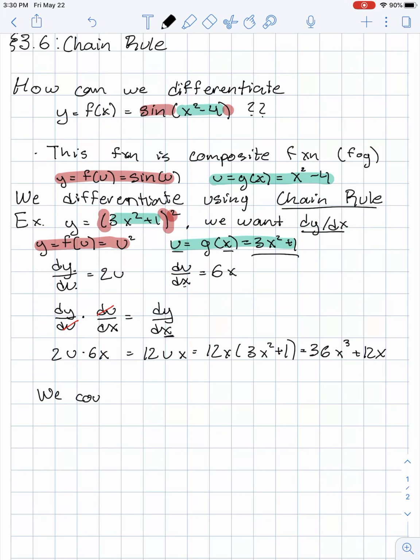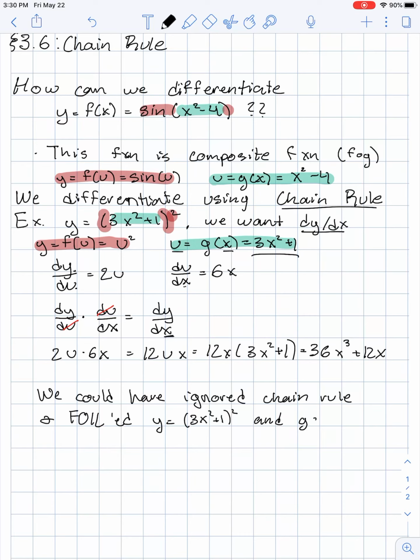We could have ignored chain rule if I wanted to and FOILed, and we would have gotten the same answer.